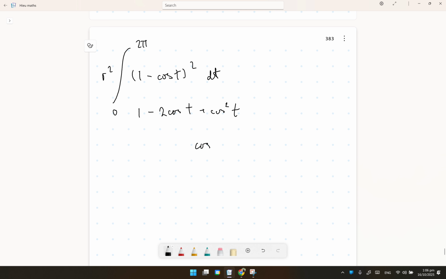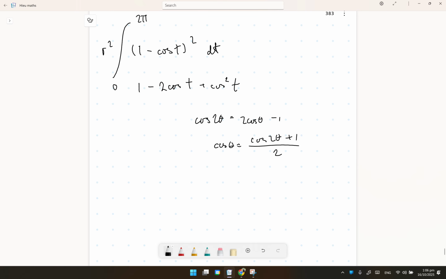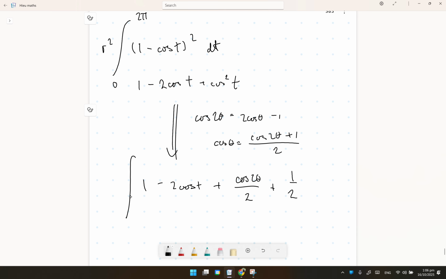We can rewrite cos squared t using the identity cos 2 theta equals 2 cos squared theta minus 1. So cos squared theta would be equal to cos 2 theta plus 1 over 2. Yes. So this we can rewrite as 1 minus 2 cos t, plus cos 2 theta over 2 plus 1 over 2. Okay. And now that's just the integration of this from 0 to 2 pi, times r squared.